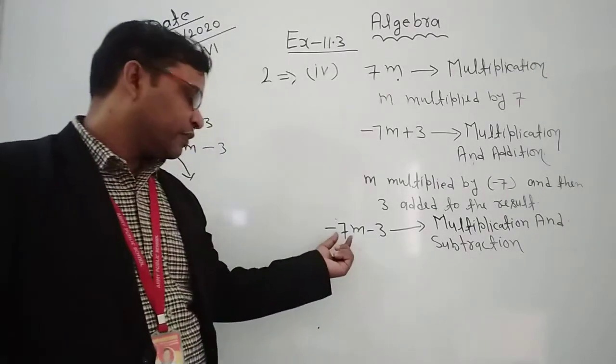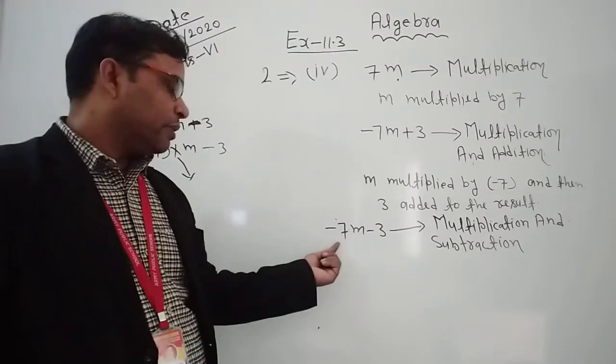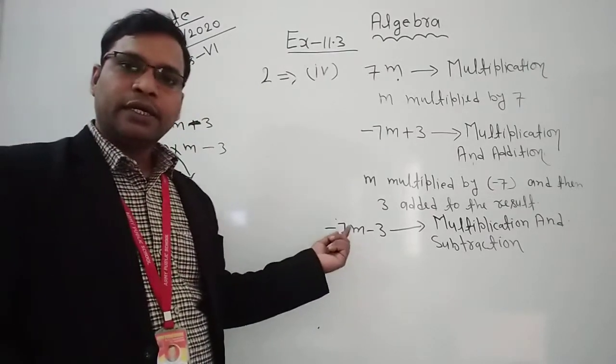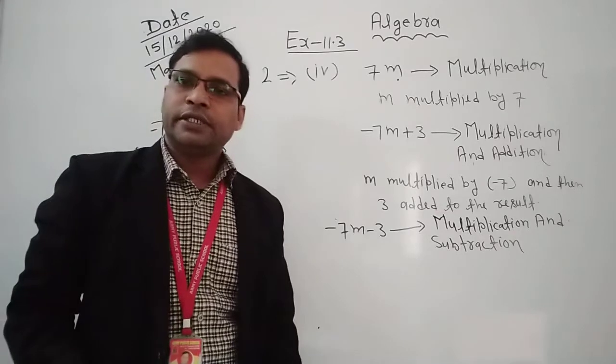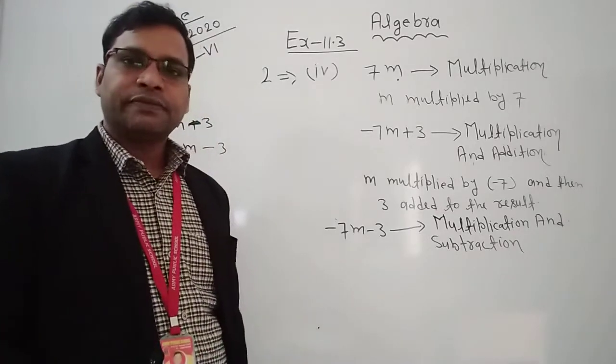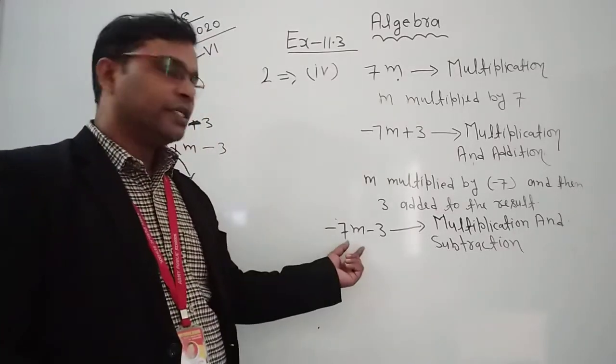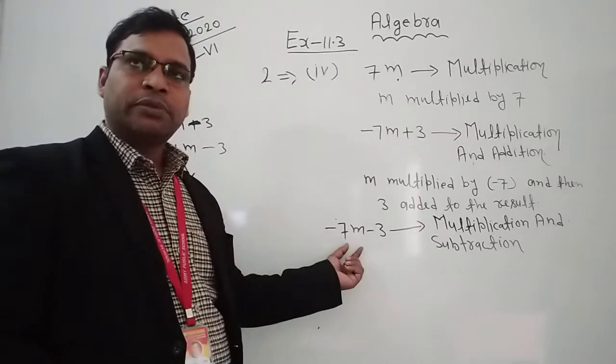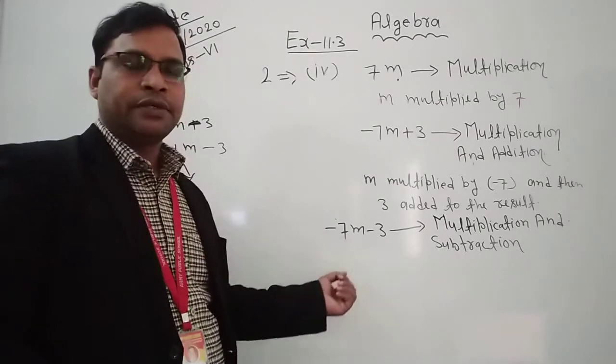You can say m is multiplied by minus 7 and then the result is subtracted from 3.